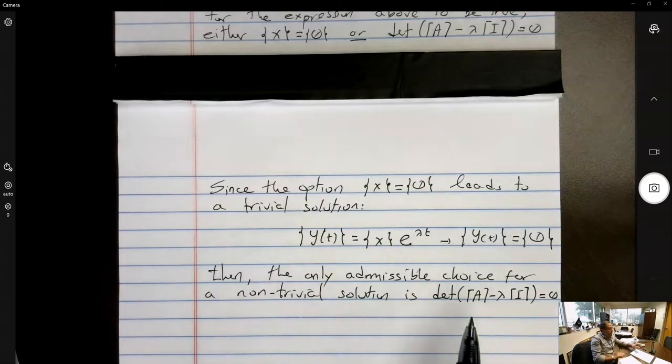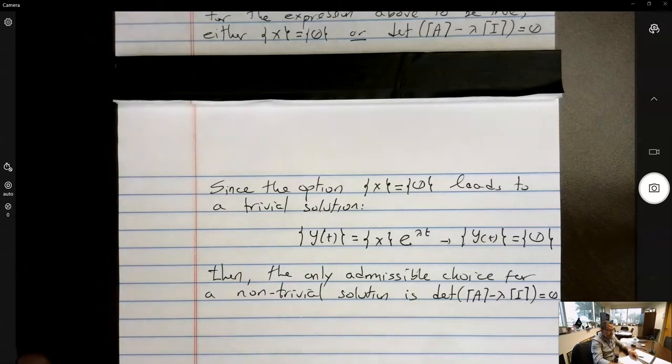So we know what the matrix A is, the lambda we are trying to find, and I is an identity matrix, we know what that is. So if we solve this equation, then we should get a non-trivial solution. So we can solve this equation for the n values of lambda.